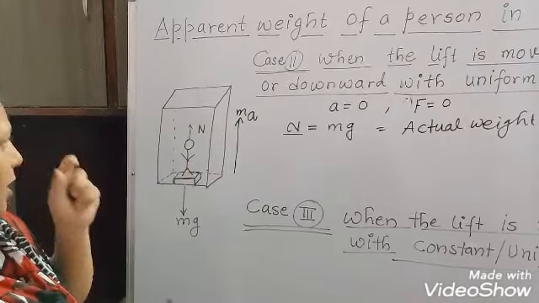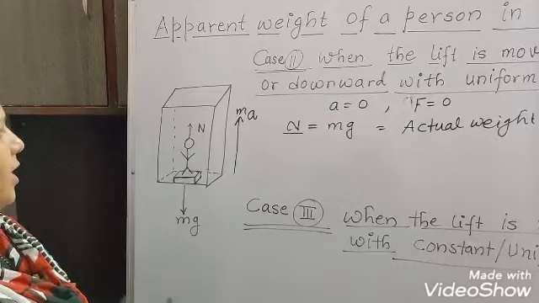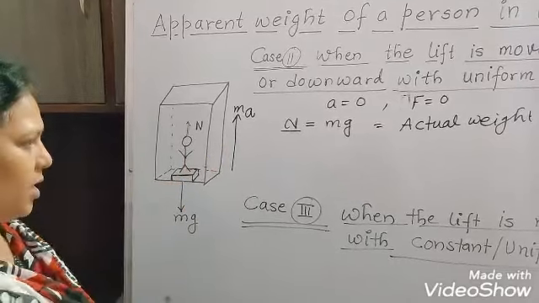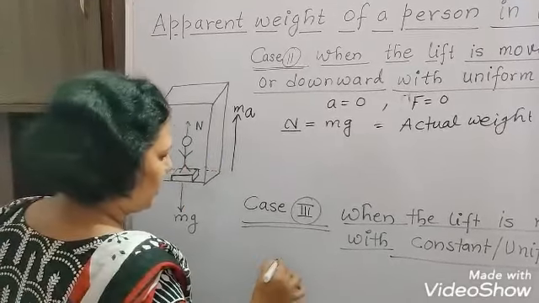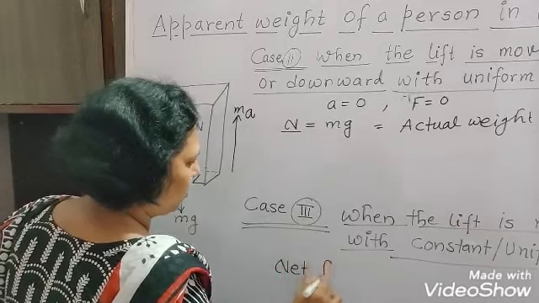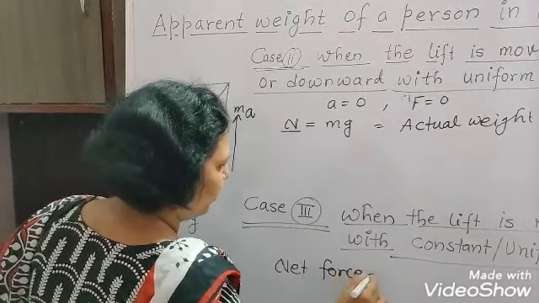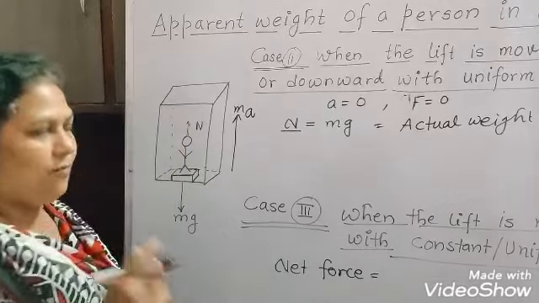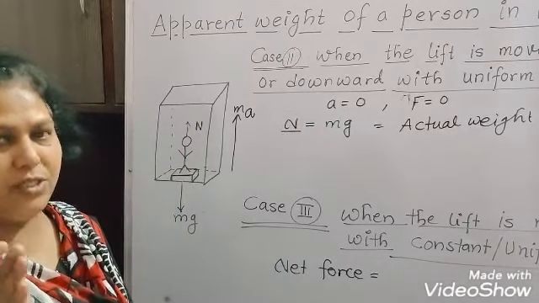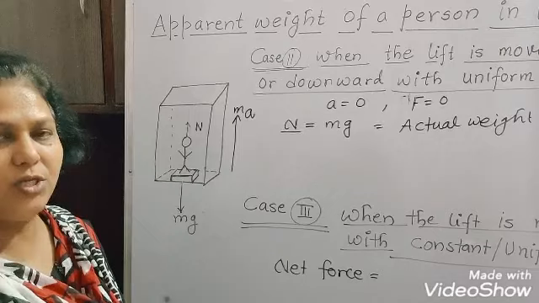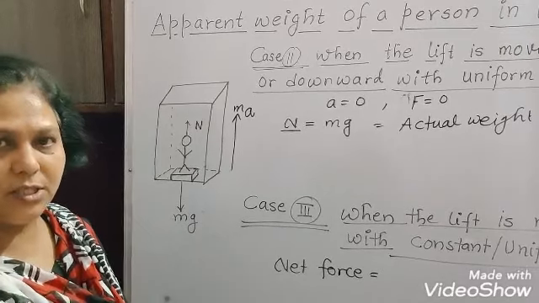Now what you will find here is the net force. As I said in the previous two cases, when the lift is in rest position, no acceleration is produced, so the net force is 0.